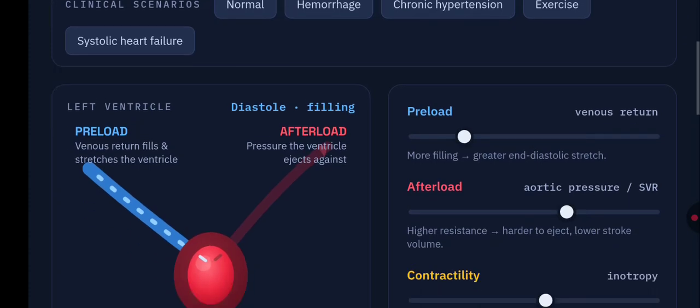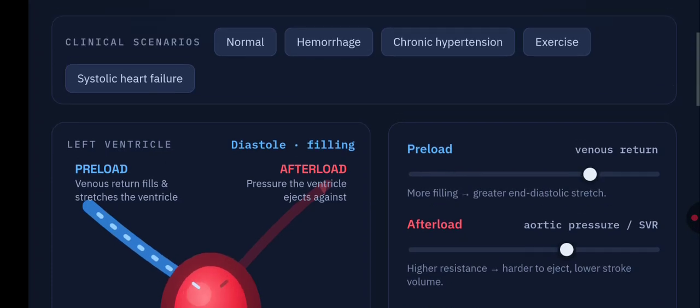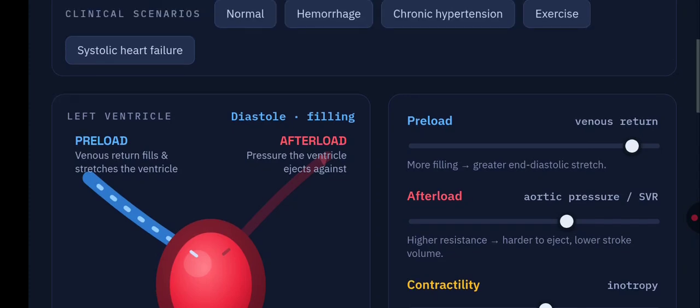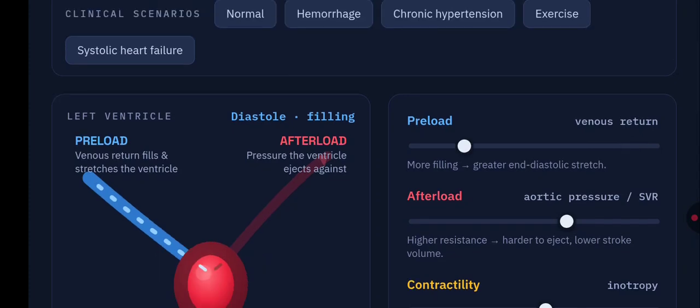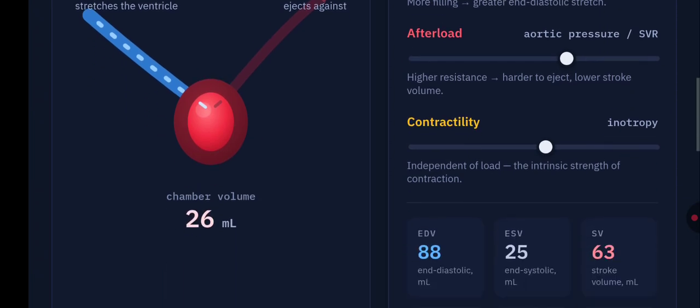Here in hemorrhage, for example, in preload, you will find that the patient has already lost blood or is dehydrated, so the amount of preload, of course, will be less. Then the heart will contract more to compensate for this loss of blood or fluid, so the afterload will be more and contractility also will be more.